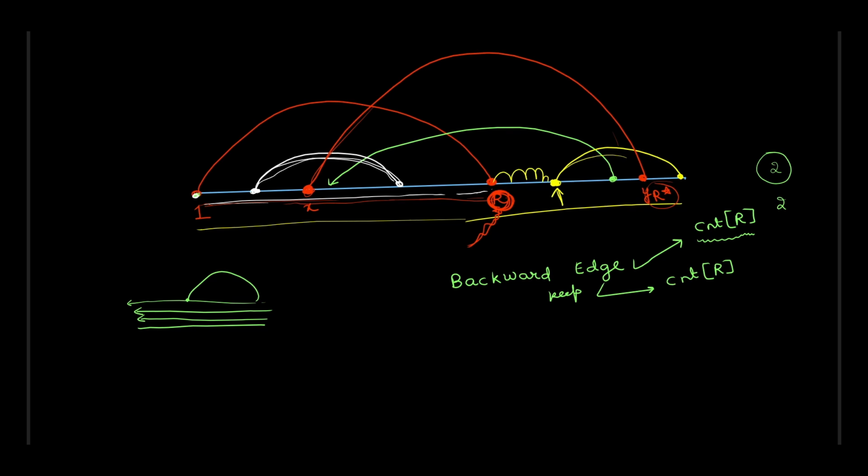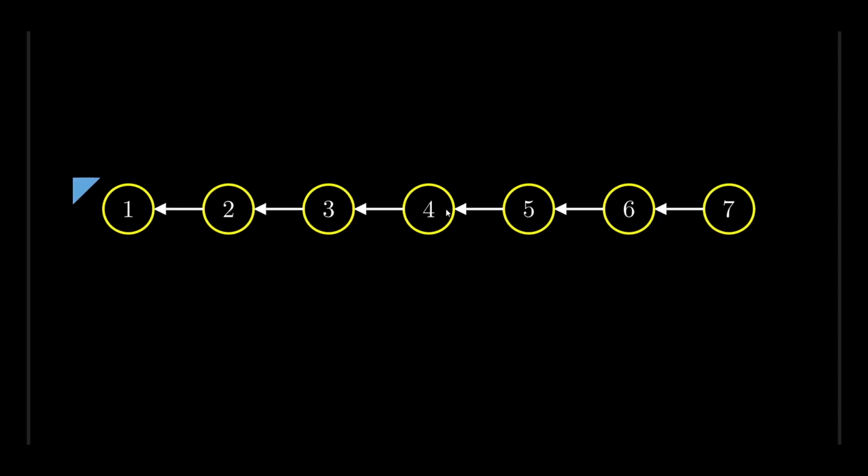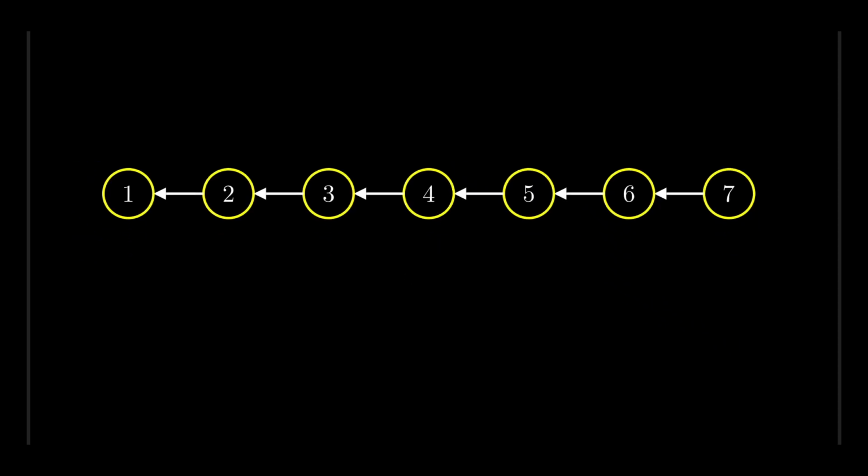Now for the algorithm, all we have to do is start with a simple line graph. There are no edges added, and then maintain the count of number of graphs that belong to each of the classes that we define. And keep in mind that all of these equivalence classes need to be disjoint and exhaustive.